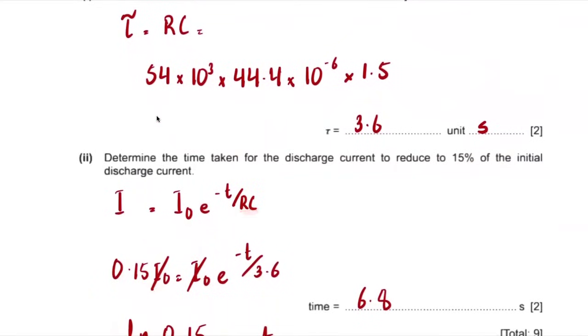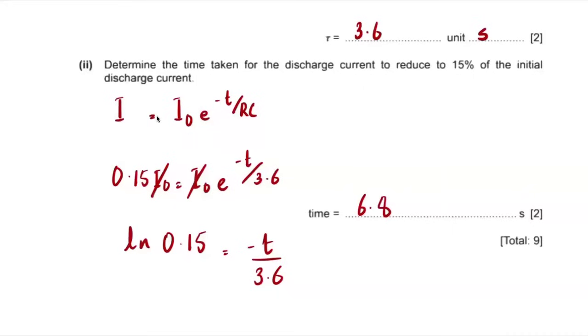RC is basically tau, so I plug in 3.6 here. The I naughts get cancelled out. I take ln, so ln 0.15 becomes ln of this thing. So ln e disappears and this power comes down and multiplies, which is minus t over 3.6. And from this, I just find ln 0.15, multiply this by negative 3.6. So the time turns out to be 6.8 seconds.